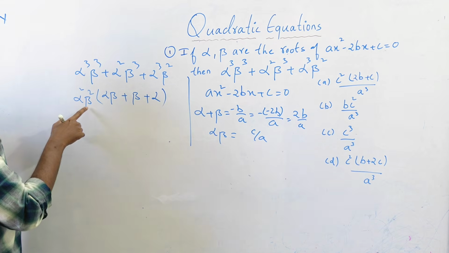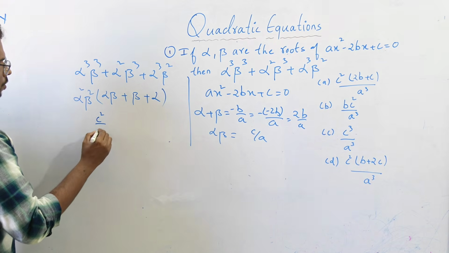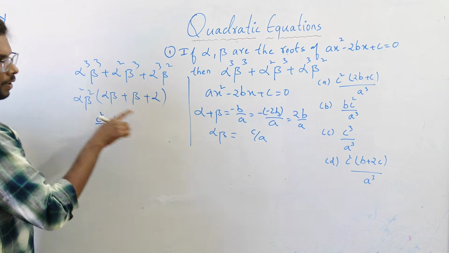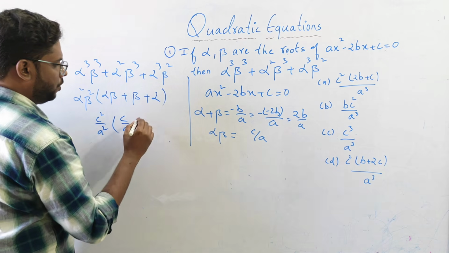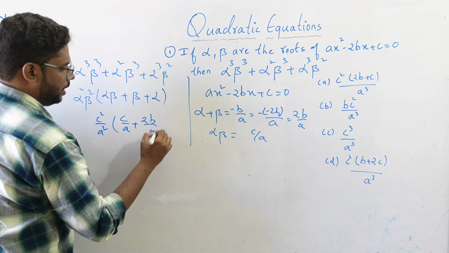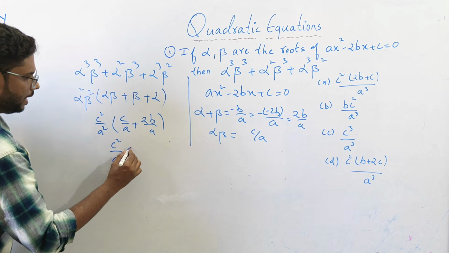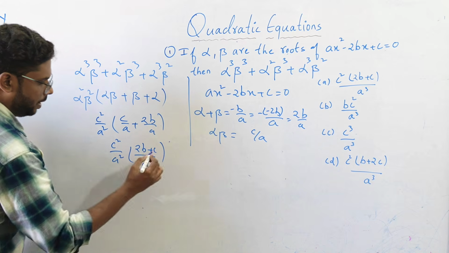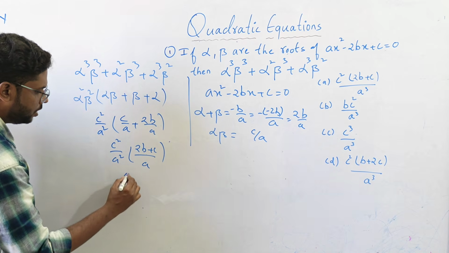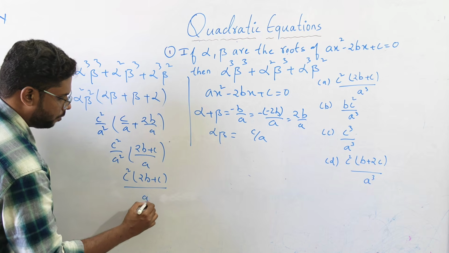You see, alpha into beta, what we got, c by a, and square is there, so I write here c square by a square. Alpha beta value we got c by a plus alpha plus beta, what we have, 2b by a, multiplied, what you get, c square by a square, take LCM here, a, 2b plus c, multiplied, what you get, c square into 2b plus c by a cube.